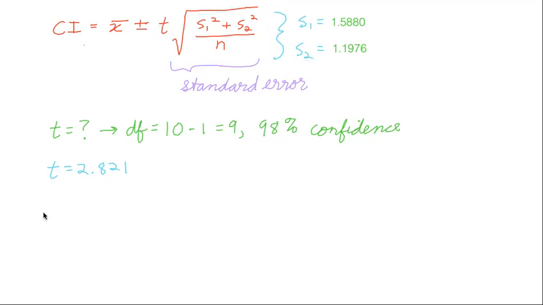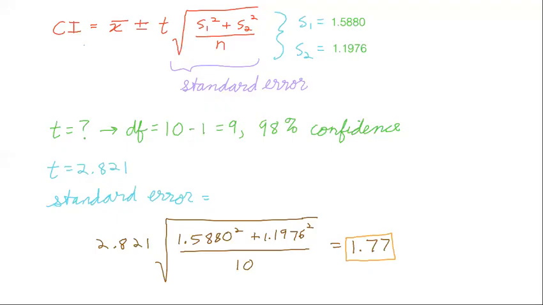So the margin of error is thus equal to 2.821 times the square root of 1.5880 squared plus 1.1976 squared over 10.